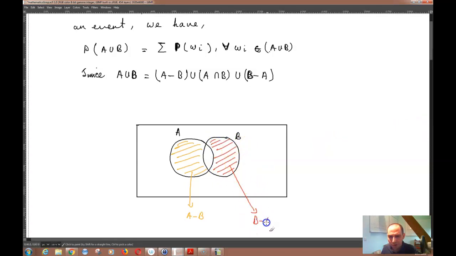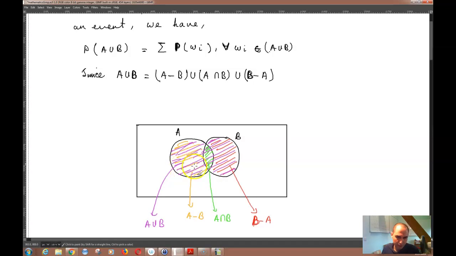This is B minus A by definition. And this part over here is A intersection B, and all of this whole part is called A union B, right?